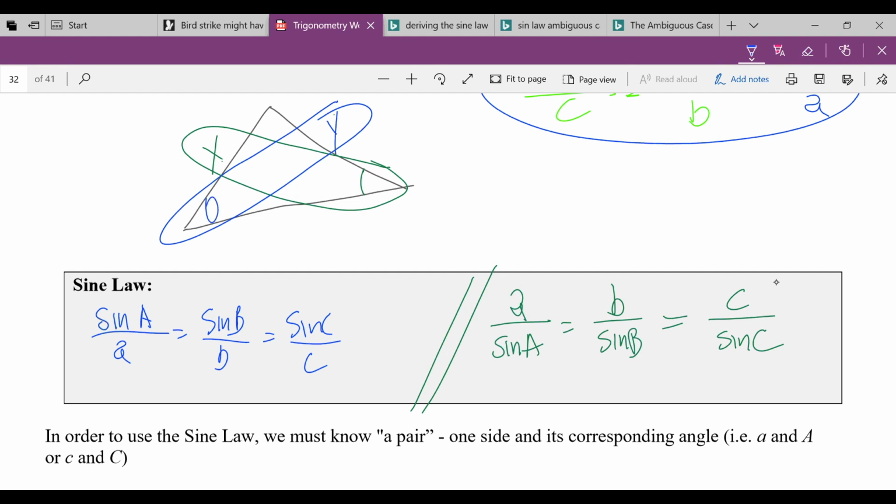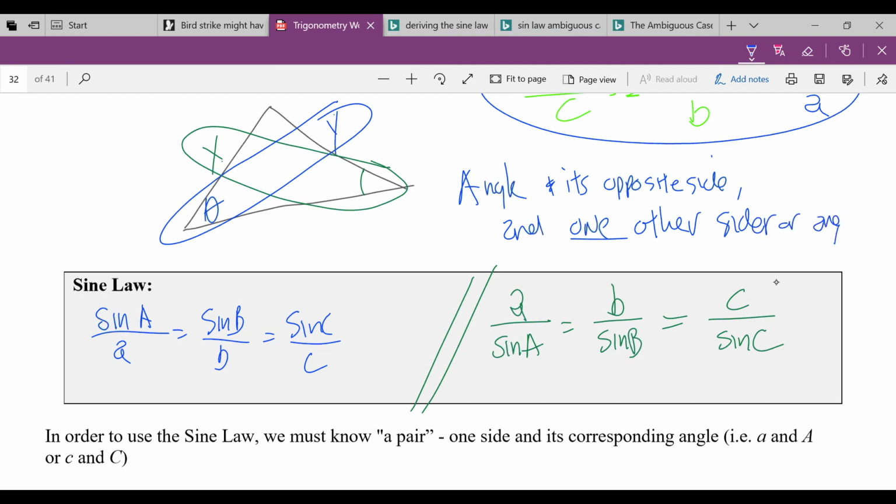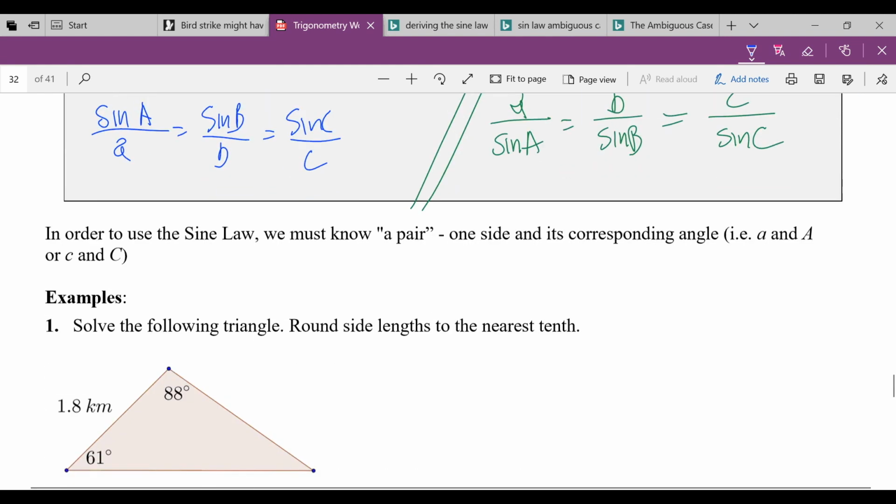So in this case, we have to figure out theta. So if you know an angle and its opposite side and one other side or angle, then you can use the sine law. All right, let's try some examples.